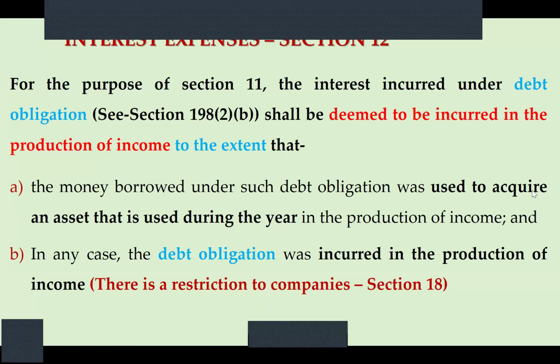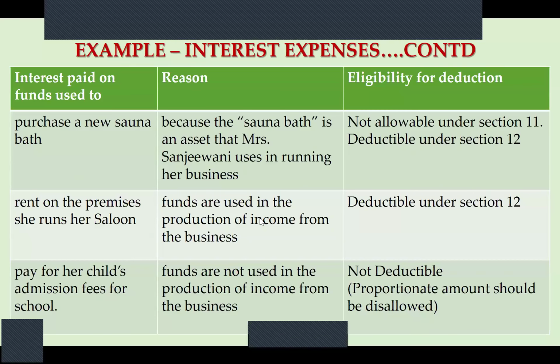But if we are considering a company, then there is a limitation, mentioned under section 18. So an individual can deduct interest expenditure without any limitation, but a company can deduct only after applying the rules in section 18.